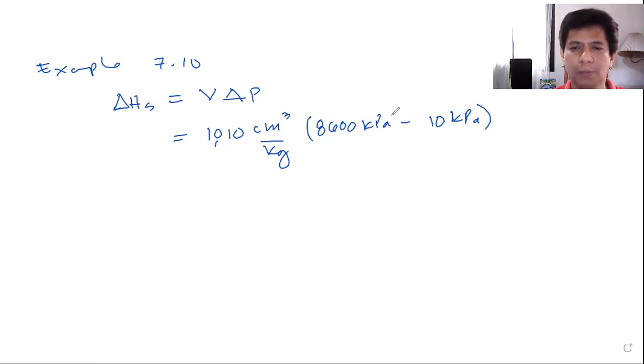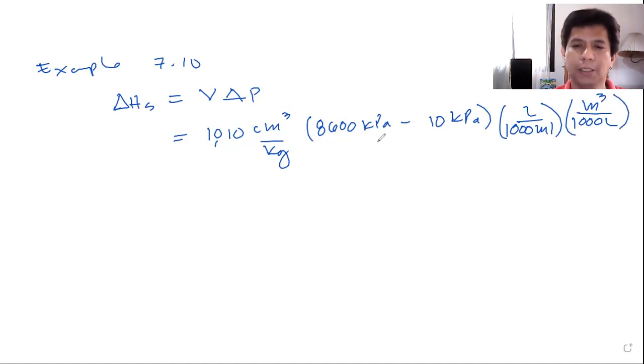Pascal is Newton per meter squared, right? So you need to convert this cubic centimeter into cubic meter. Since it's ml, you can convert it first to liters: divide by 1,000 for ml per liter. Then there are 1,000 liters per cubic meter.